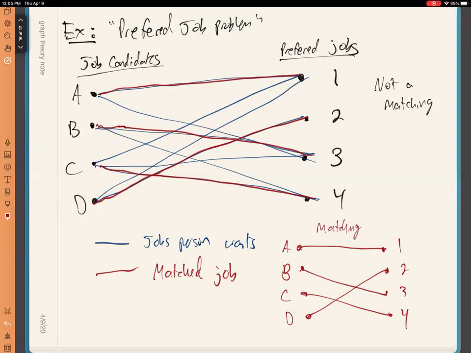This is an example of something called a subgraph of the original graph, which we'll talk about more later on today. This subgraph in red, a graph that's contained in the larger graph, is an example of a matching. And in fact, this is called a complete matching, meaning that every person has been assigned or matched to a job.